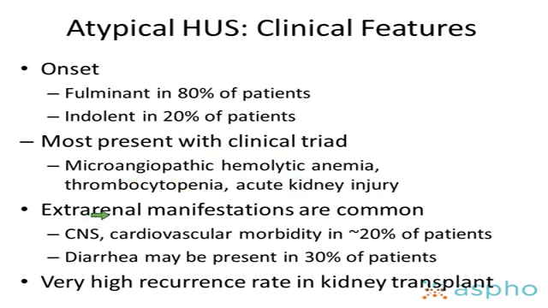But extrarenal manifestations are a prominent feature of AHUS, in that CNS involvement or cardiovascular involvement may occur in about 20% of patients, depending on the series that you read. And diarrhea may be a presenting feature in about 30% of patients, again, helping to break down the older term of diarrhea positive versus diarrhea negative HUS.